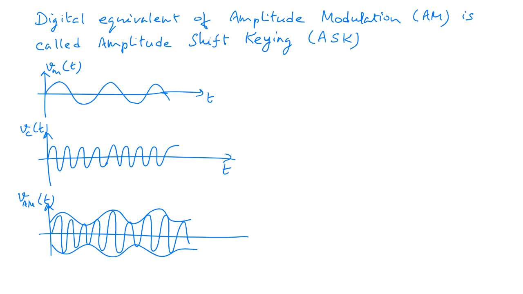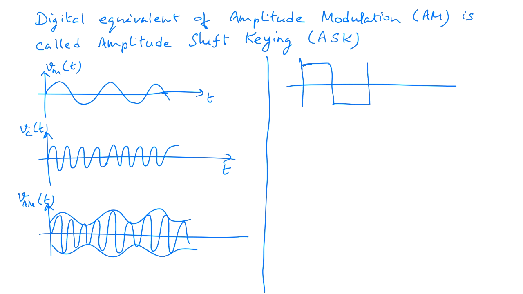But in the digital case, for amplitude shift keying, the message signal is going to be pulses. If I take the binary case now, there are only two amplitude levels, for a 1 and a 0, for example, okay?